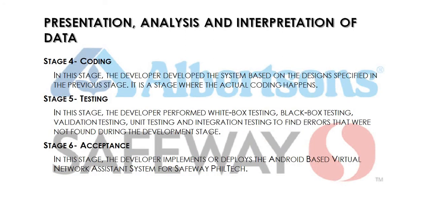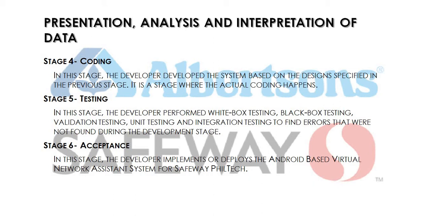Stage 4. Coding. In this stage, the developer developed the system based on the designs specified in the previous stage. It is a stage where the actual coding happens. Testing.